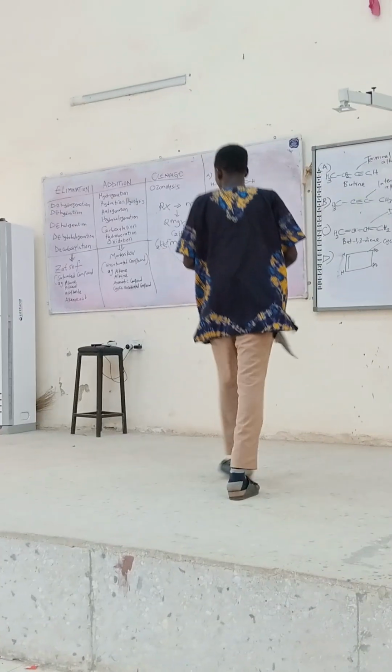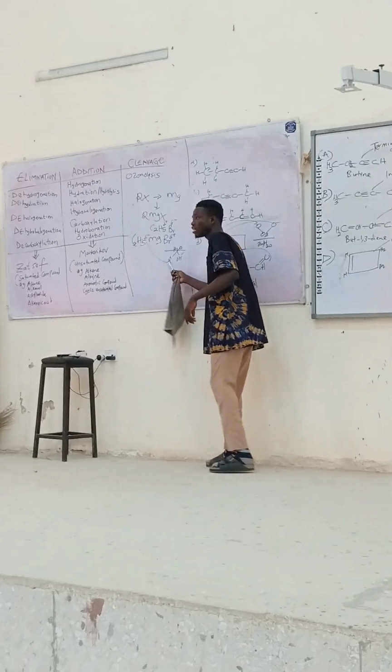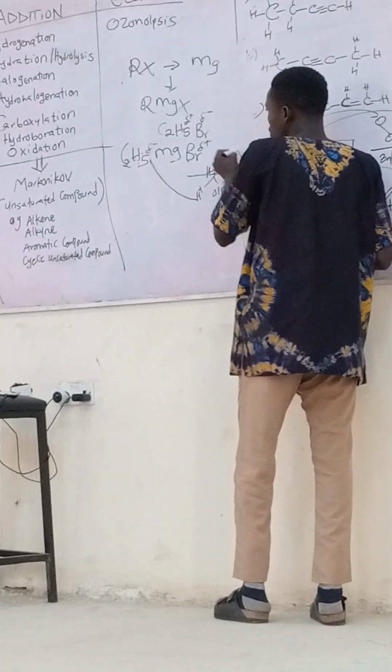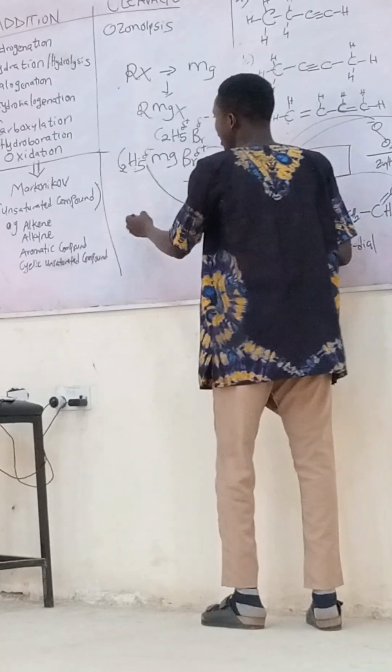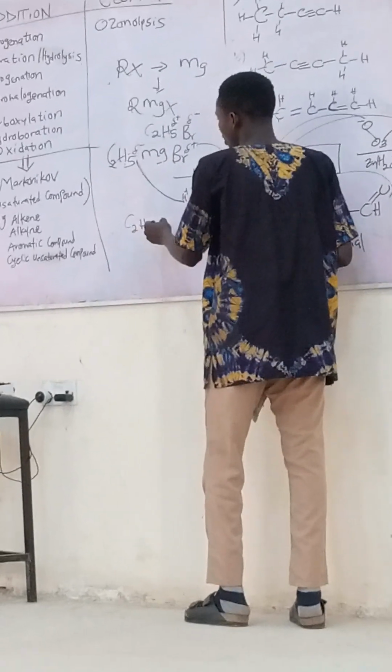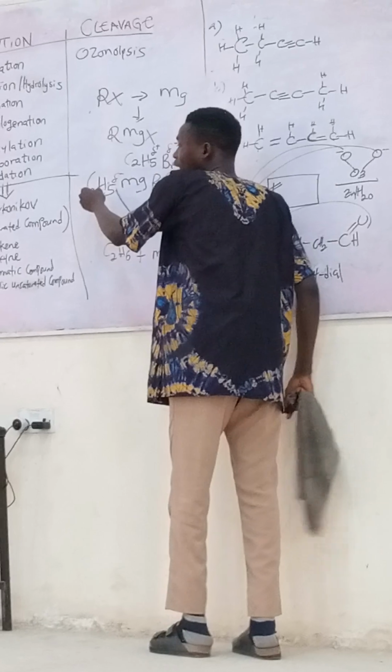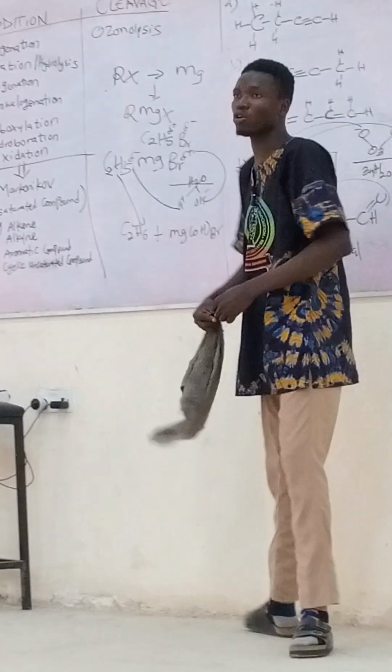So H plus goes to the alkyl group and OH goes to the magnesium, giving C2H6 plus MgOHBr.